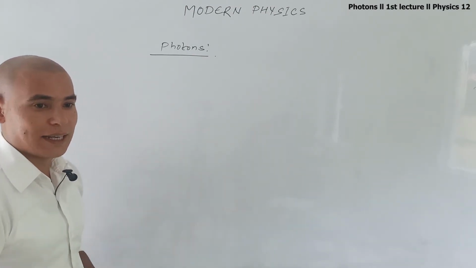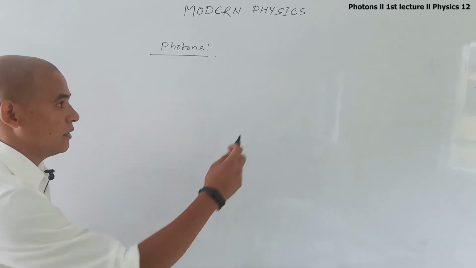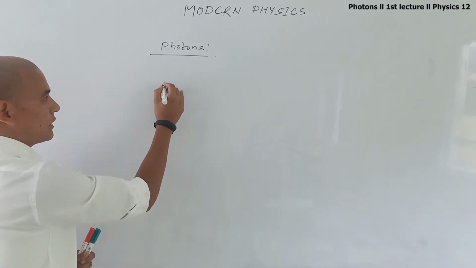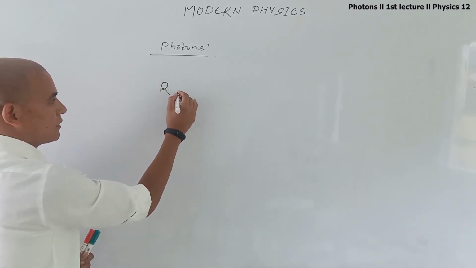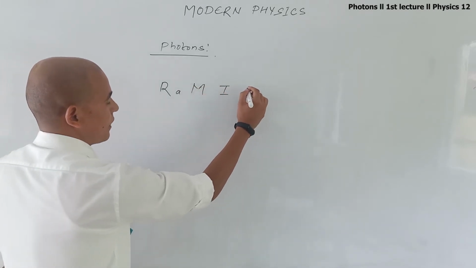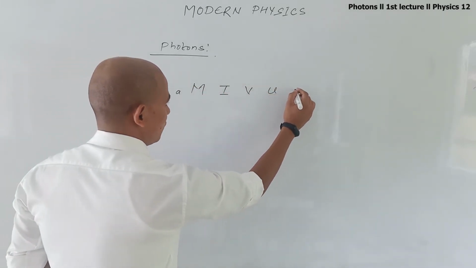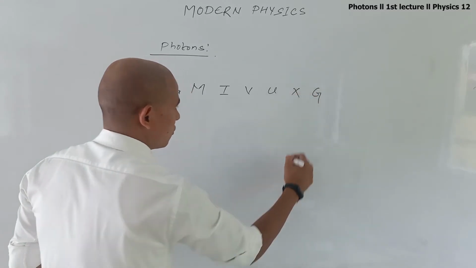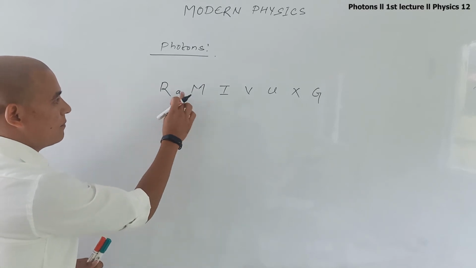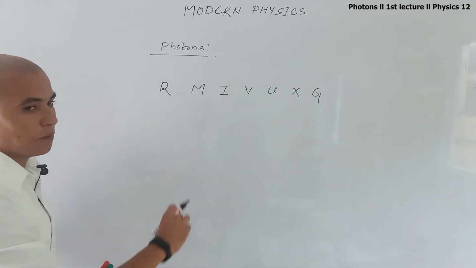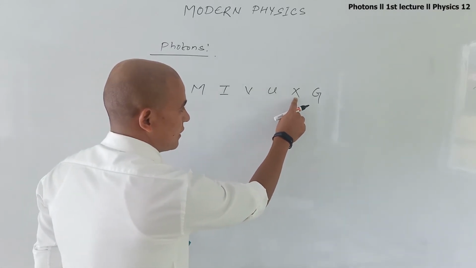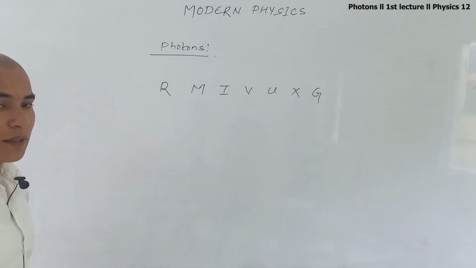In this chapter, we have to know the different radiations that exist around us. There is a very simple term to remember this: RAMIVUXG. We remember this as: Ram, I visited you at Xavier's graduation.